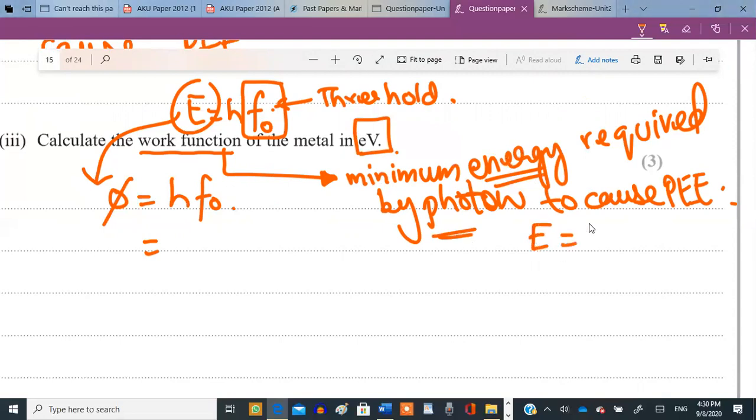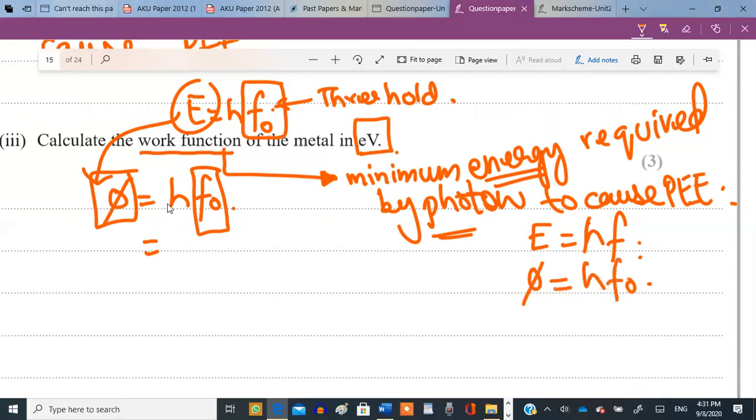It is E equals hf, right? Now, since E is the minimum energy needed to cause the photoelectric effect, the frequency is also going to be the minimum frequency required to cause the photoelectric effect. Makes sense. So that's why we are going to use h f naught.